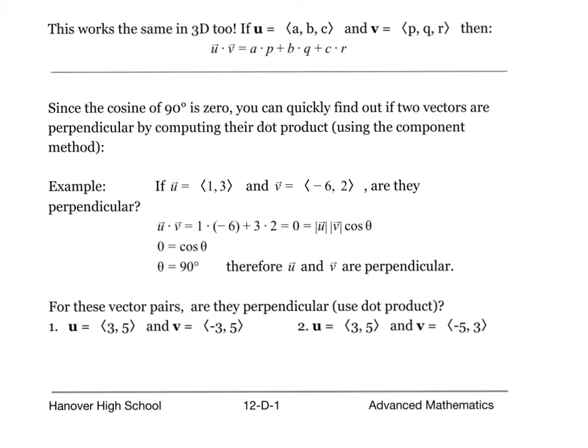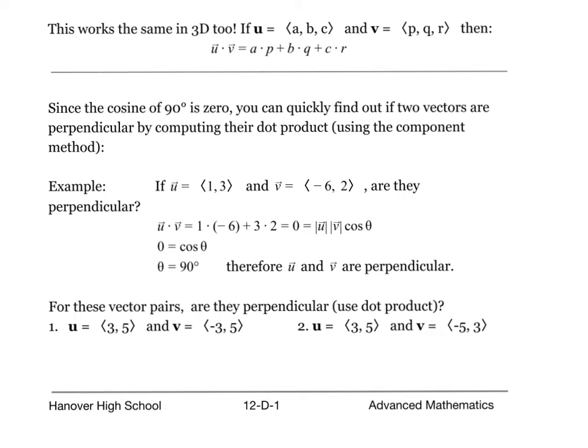So any two vectors that you take the dot product of, if the dot product is 0, you know those two vectors are perpendicular. So without actually trying to figure out whether something is perpendicular, just by measuring the angle or something like that, you can do this dot product process of multiplying like components and adding those products together to see quickly whether two vectors are perpendicular to each other.